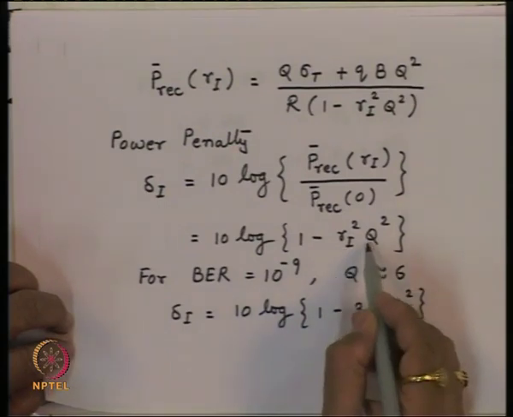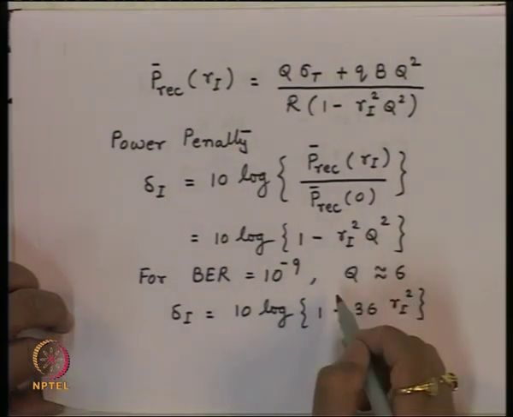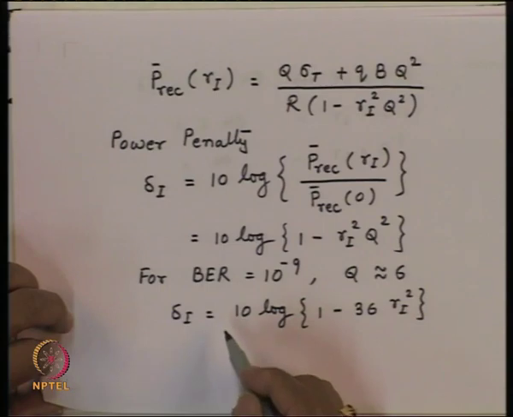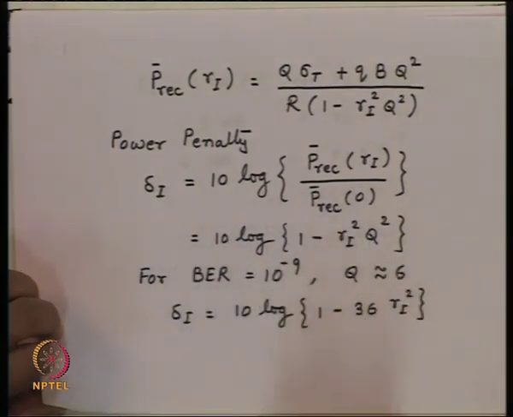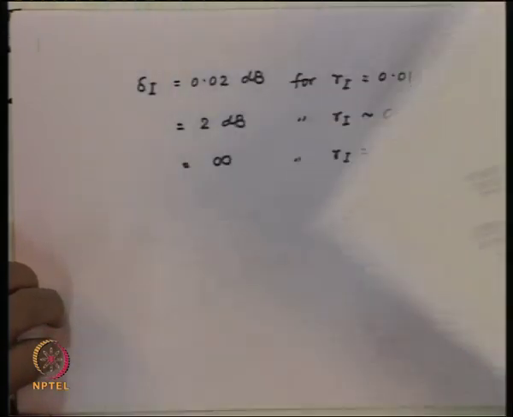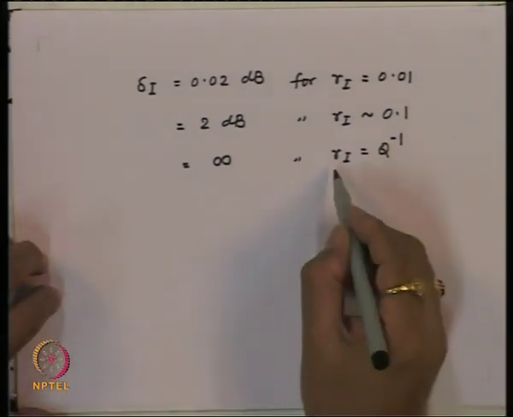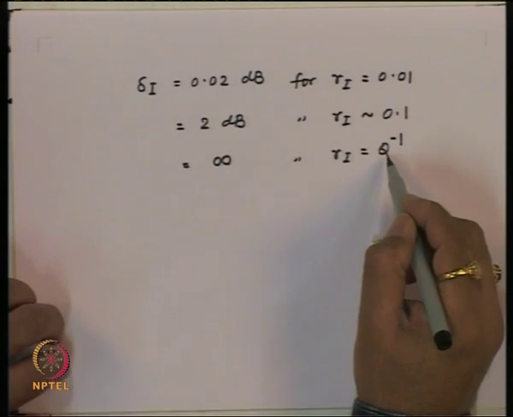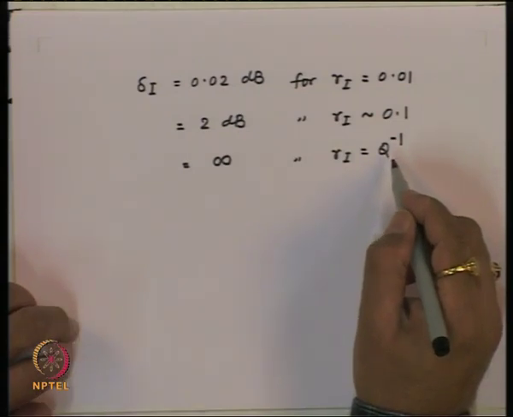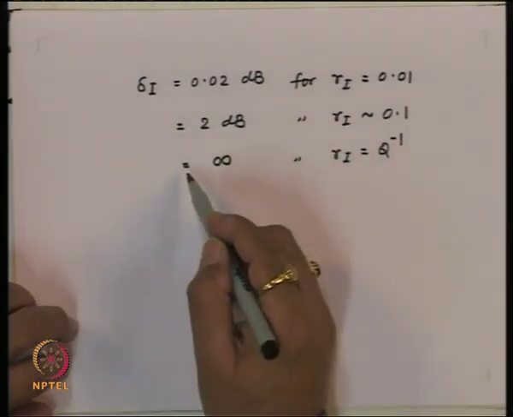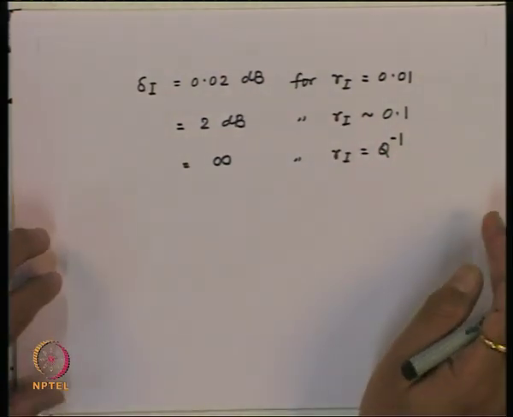As you see here, when this quantity Ri is 1 upon q, that time this quantity will be 0, and then this will be infinity. So, that means if you are having the relative intensity which is 1 upon q, then the power penalty is very high.